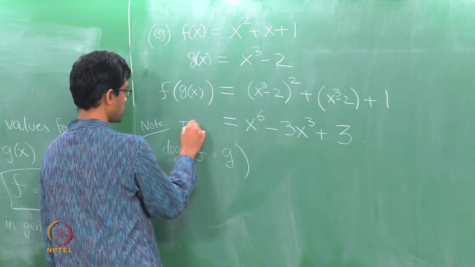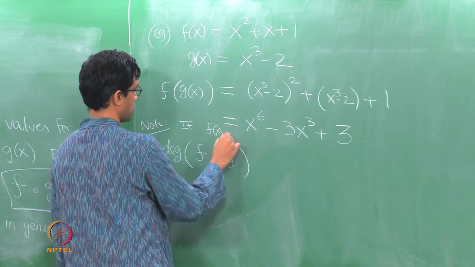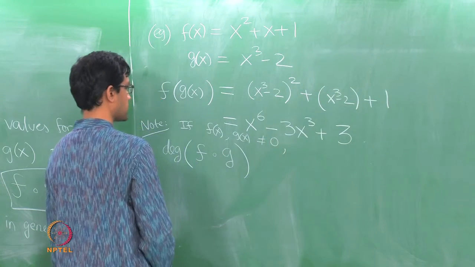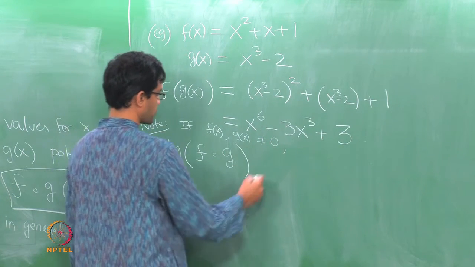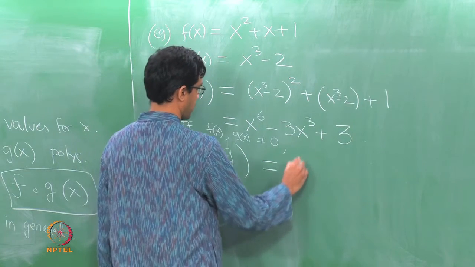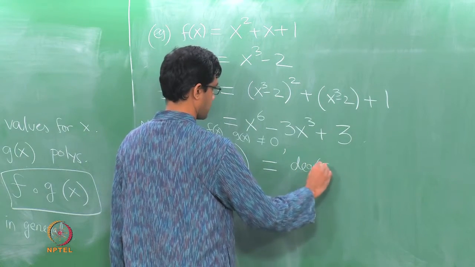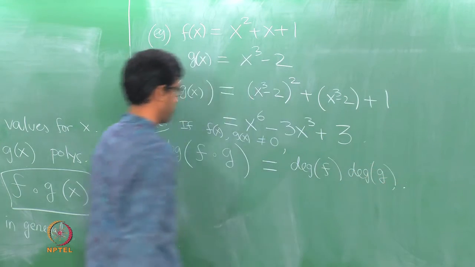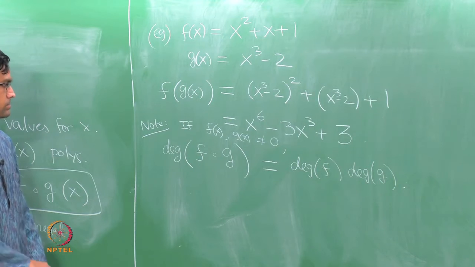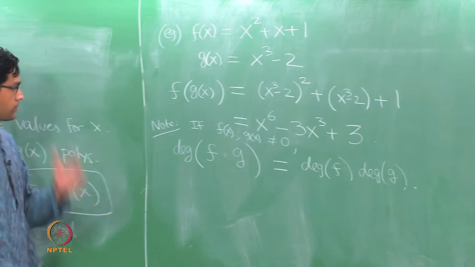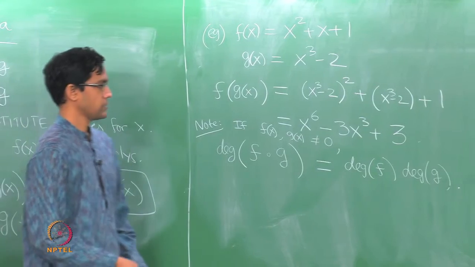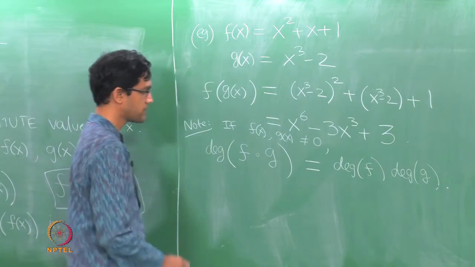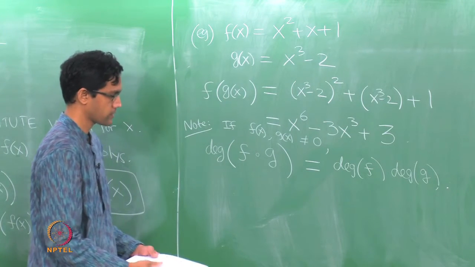If f of x, g of x are non-zero polynomials, then the degree of their composition is in fact the product of their degrees. That is going to be true in general, it is very easy to see, just leave this as an exercise for anyone who wants to check this.